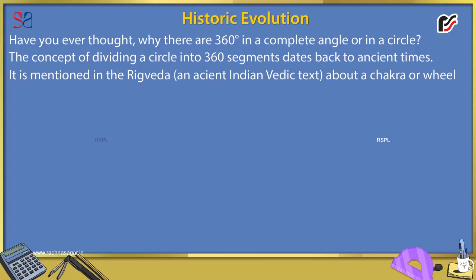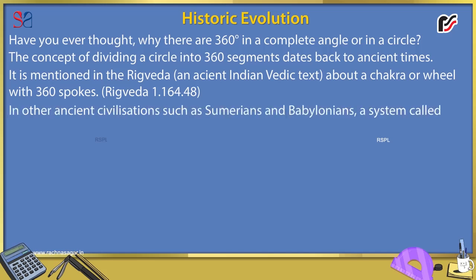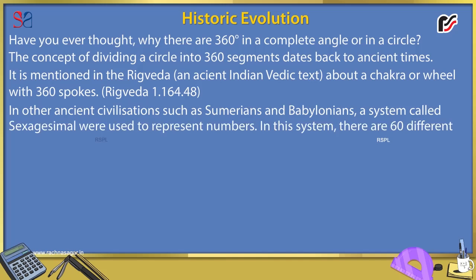It is mentioned in the Rig Veda, an ancient Indian Vedic text, about a chakra or wheel with 360 spokes. Rig Veda 1.164.48.